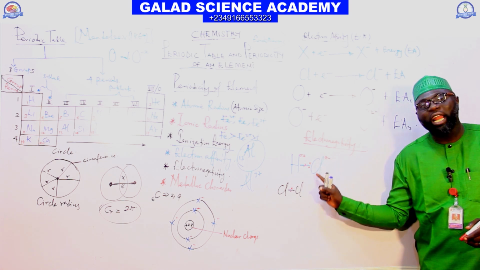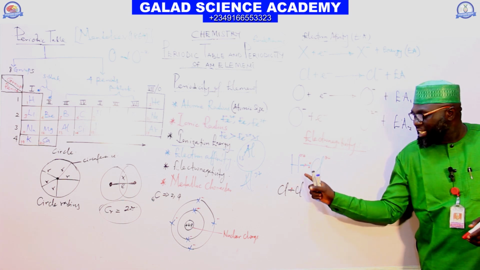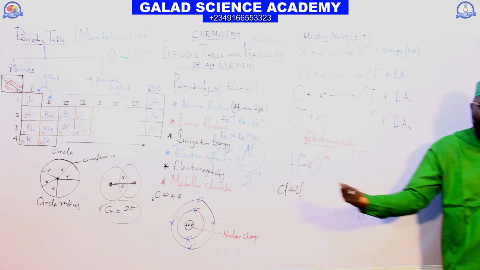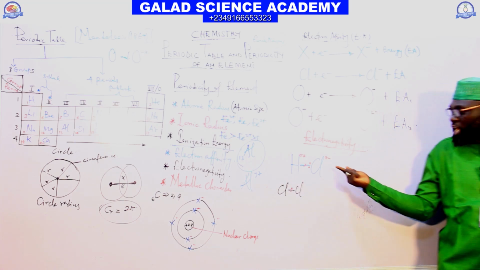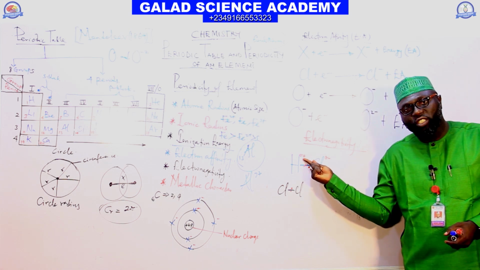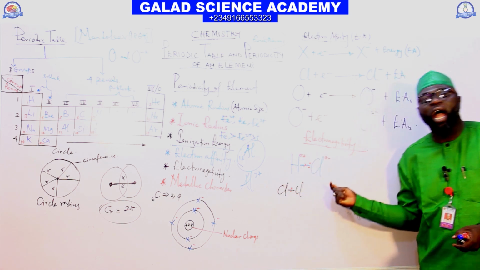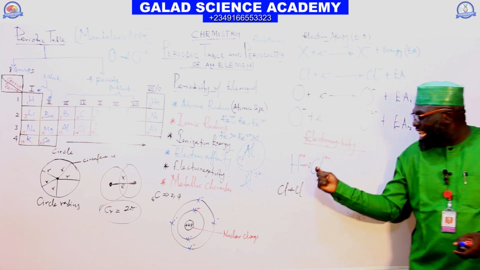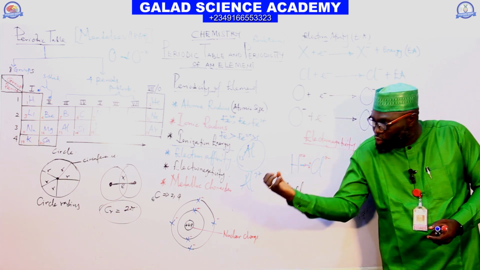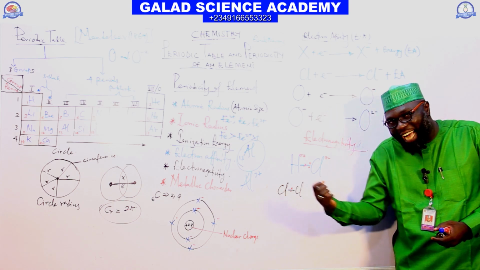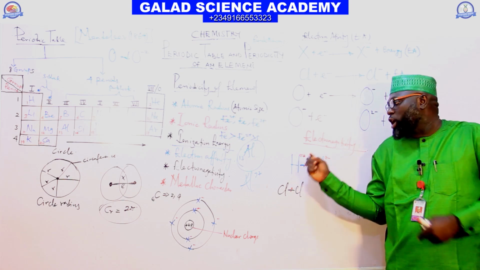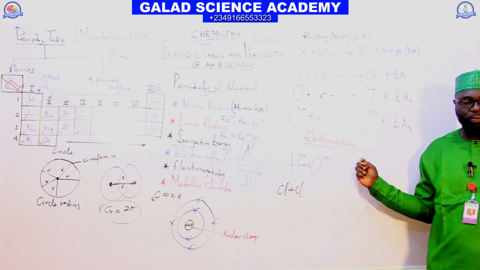Chlorine is more electronegative than hydrogen, so the bond electron, which would be at the middle, will shift toward chlorine. It becomes partial negative, and hydrogen becomes partial positive, and the molecule becomes a polar molecule. So the tendency of an element to attract the bond electron in a covalent bond toward itself is called electronegativity.